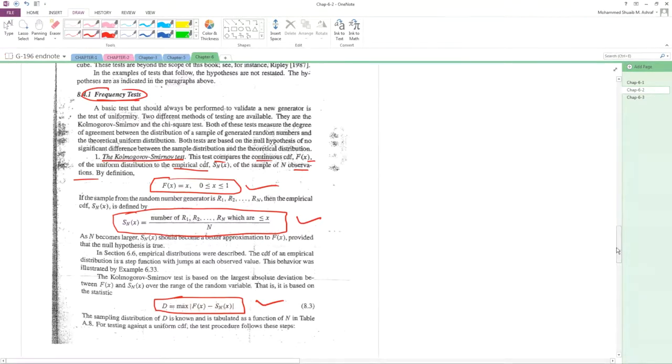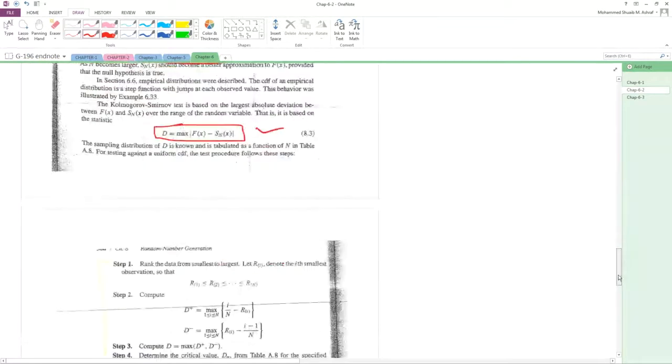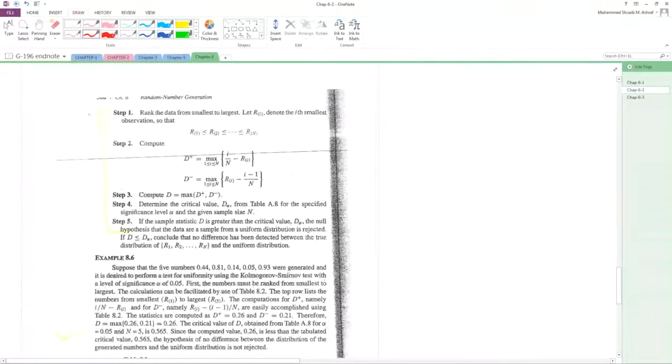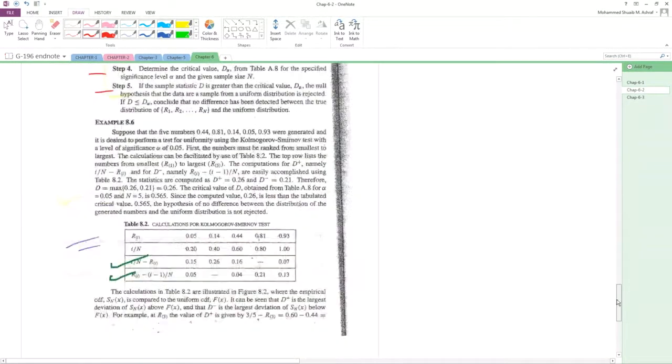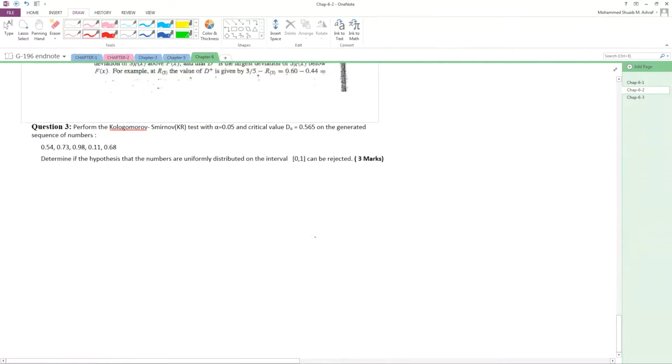First we will see the numerical question. There are also steps 1, 2, 3, 4, 5. First we will look at the question. Perform the Kolmogorov-Smirnov test with these values and the critical value, on the generated numbers present in the question.